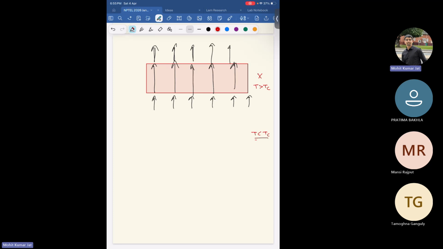T less than Tc, where it is in a superconducting state, the magnetic field inside will be zero, because the magnetic field lines will be pushed out of the material, and your magnetic field lines will go like this.